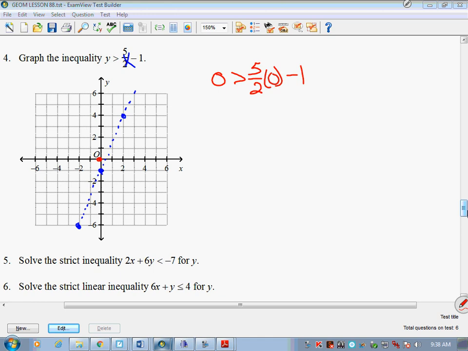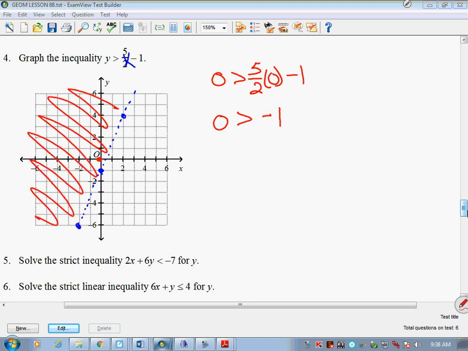Okay. 5 halves times 0 is what? 0. All right, so I'm left with 0 is greater than -1. Is that statement true? Yes. So I'm going to shade the zone that includes 0, 0. That works out really handy because if y is 0 and x is 0, that 0x is always going to cause the slope to 0 out. So I'm always comparing 0 with my y-intercept.